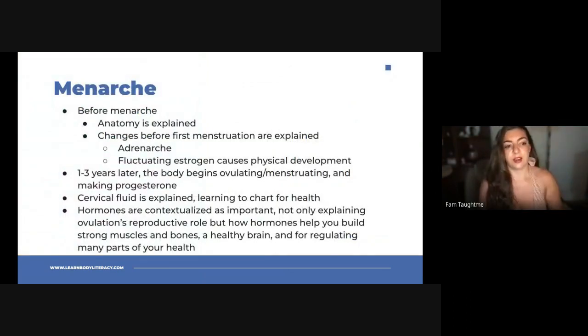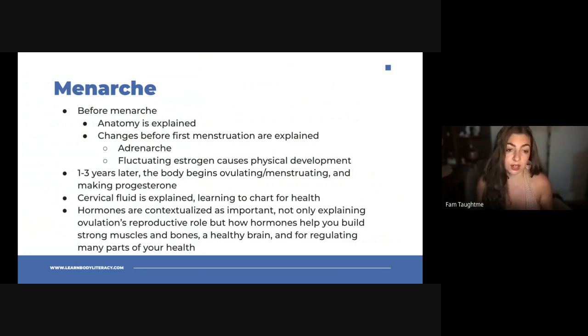Okay, so menarche, as I said, there's a lot we can do for menarche. We could better explain anatomy. We could explain the changes before first menstruation. We could explain about the hormones like estrogen causing the physical development that occurs before menses.